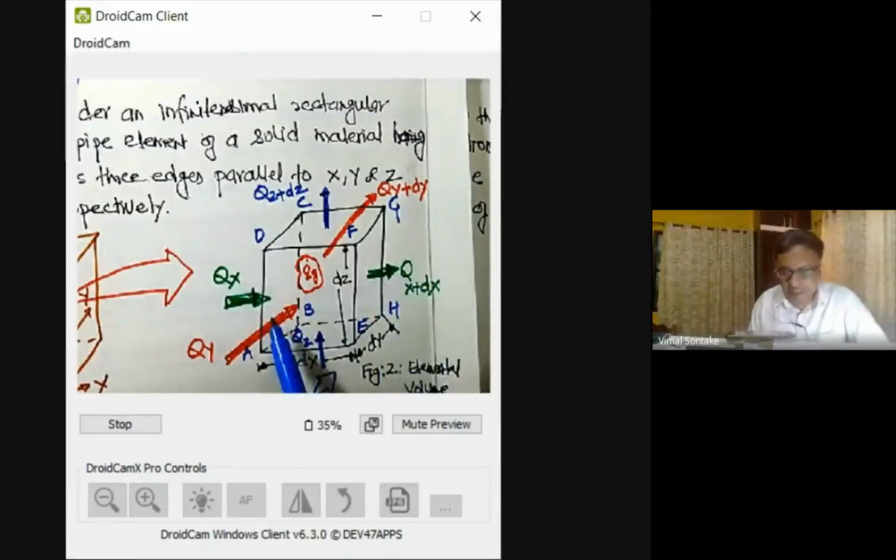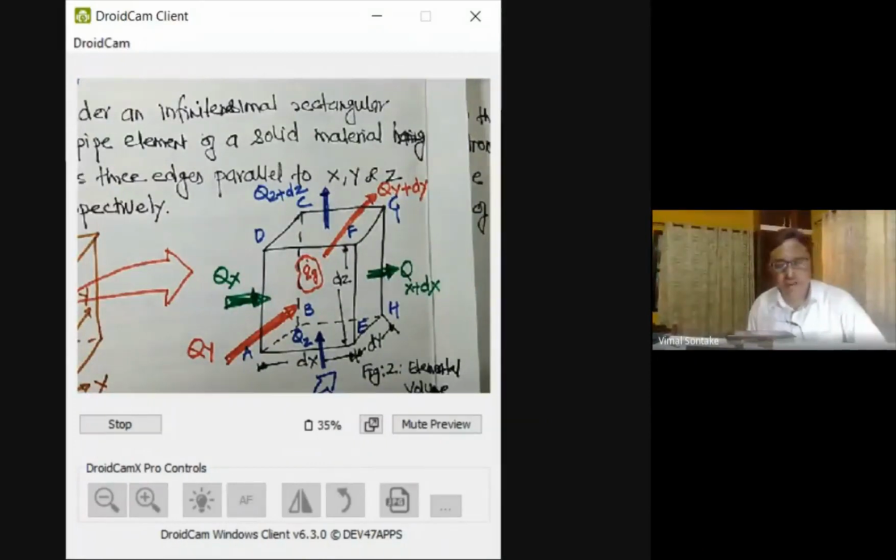Heat transfer is taking place in one direction only, and currently it is the x direction. And we know whenever heat transfer takes place in one direction, in order to write the equation for heat transfer rate, we can use Fourier's law of heat conduction. So we can write equations for qx and qx plus dx using Fourier's law of heat conduction.